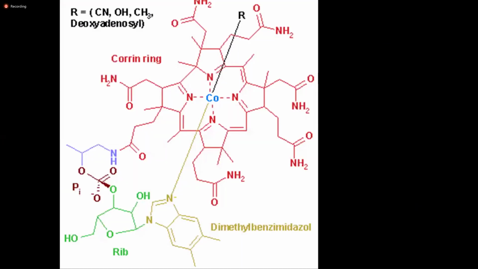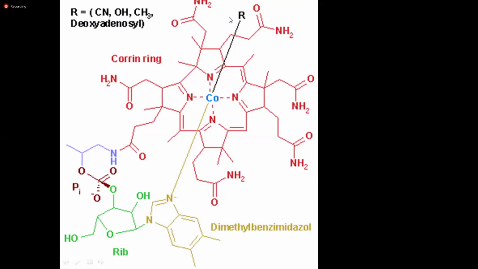So this is the structure of vitamin B12. You can see the structure resembles the porphyrin structure of hemoglobin. In the heme there is an iron, whereas in vitamin B12 there is a cobalt. This is a very complex structure, and you can see that the cobalt in the center is bound to the R group.